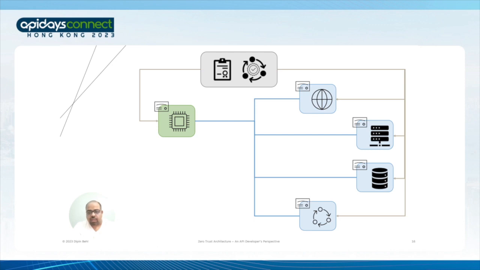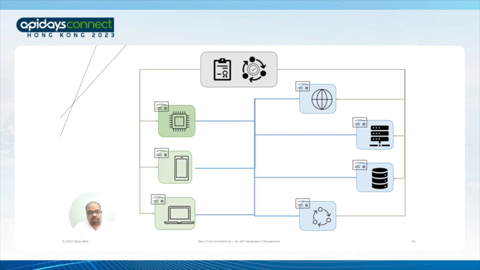Now, if a device or a component is to be added to the ecosystem, it would generate a certificate signing request with the desired identity and send that over to the certification authority. If the information is deemed fit by the certification authority, it will send back the signed certificate to the component. Now, this component is ready to interact with other components in the system.